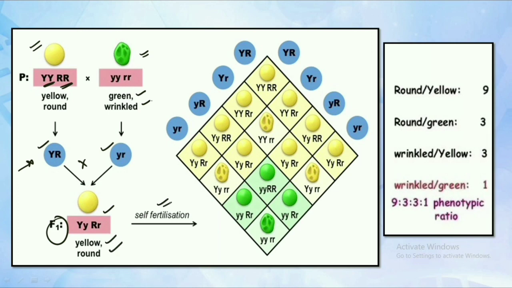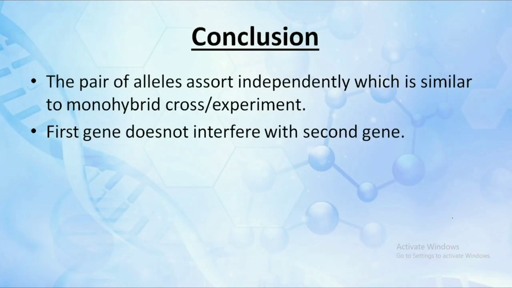Self-fertilization of the F1 generation occurred, and after forming the Punnett square we had 16 offspring produced, with 9 being round and yellow, 3 being round and green, another 3 being wrinkled and yellow, and 1 being wrinkled and green. We had the phenotypic ratio as 9:3:3:1.